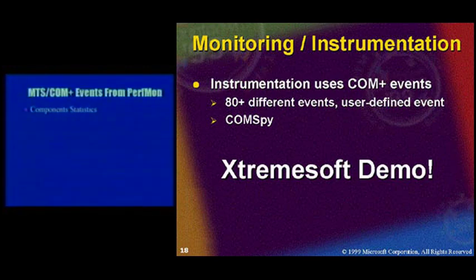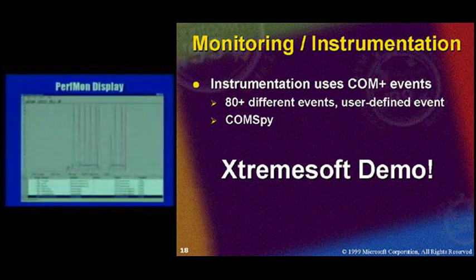So we have component statistics, we have package statistics, and we also let you find the system process information, but rather than figure out which mtx.exe process it is, we let you pick it by the package name. And we've done that for MTS, and we have ported it for COM+ as well. And this shows you just a perfmon display with some of the different counters that we have available now.